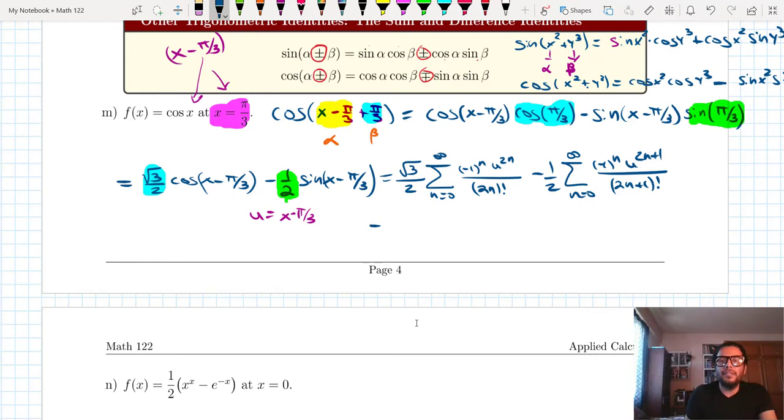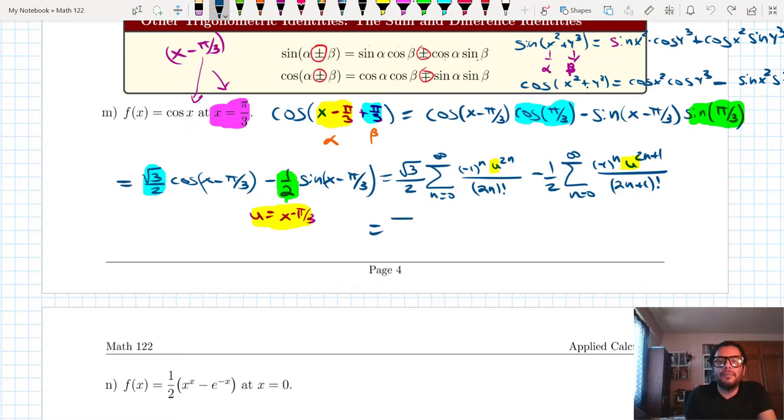Okay, and let's just plug in what u is, which in this case is u equals x minus pi over 3. So the square root of 3 we actually incorporate.